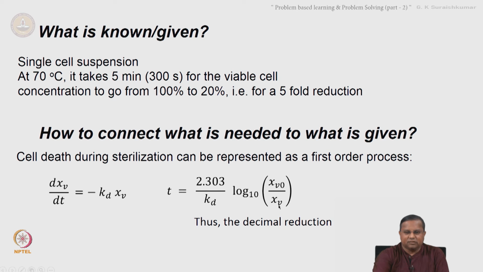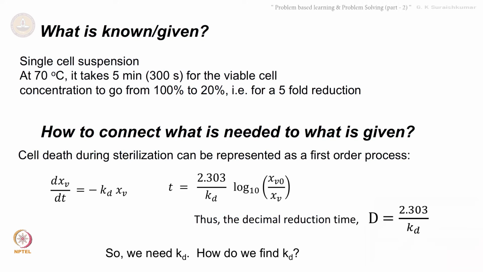The viable cell concentration at time t must be 1/10. Therefore, this will turn out to be 1 by 0.1, that is 10. Log 10 to the base 10 is 1. Therefore, this entire thing is 1, and therefore, the decimal reduction time, capital D, for an order of magnitude reduction is 2.303 by k d, straightforward.